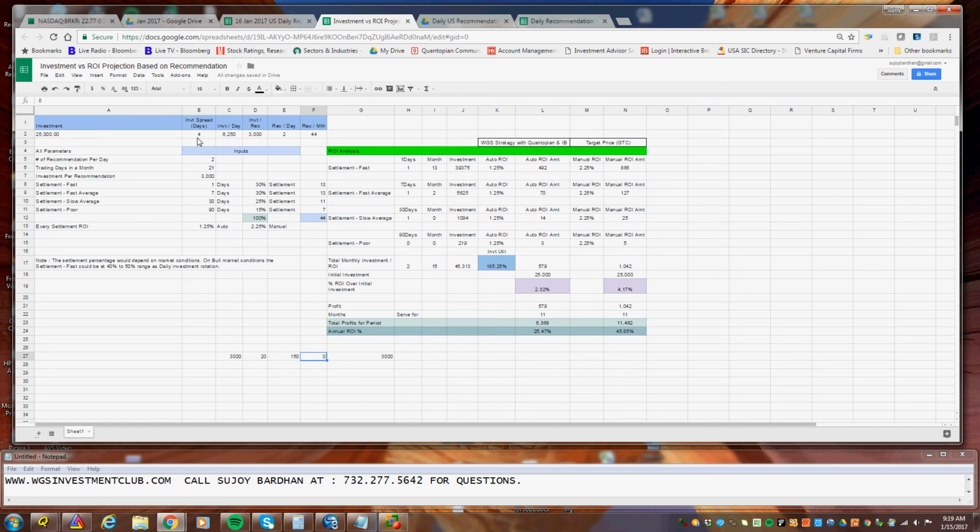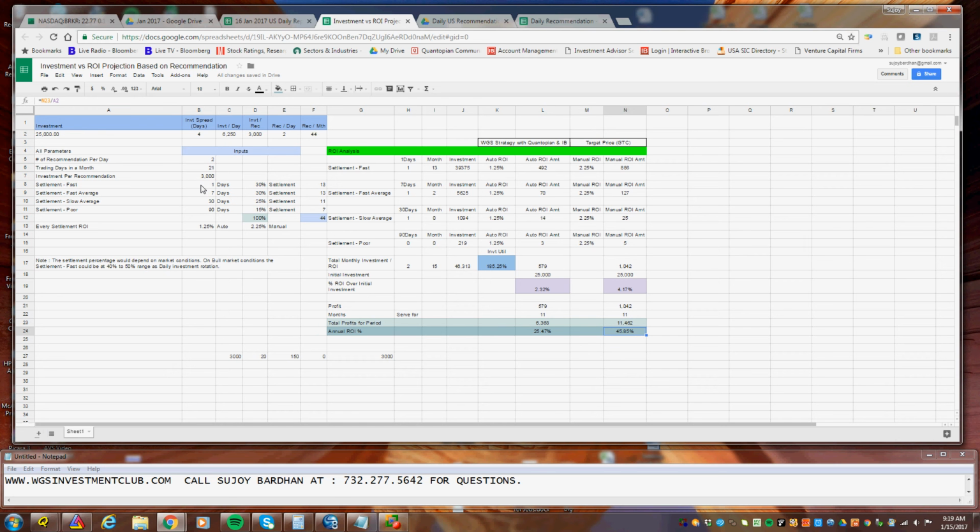But what it means is you also need to have a sufficient number of recommendations to reach the ROI you are looking at here. There are two types of ROI on line 24. One comes from automated trading, which is roughly 25% a year, and the other is based on target price, which is 45%.